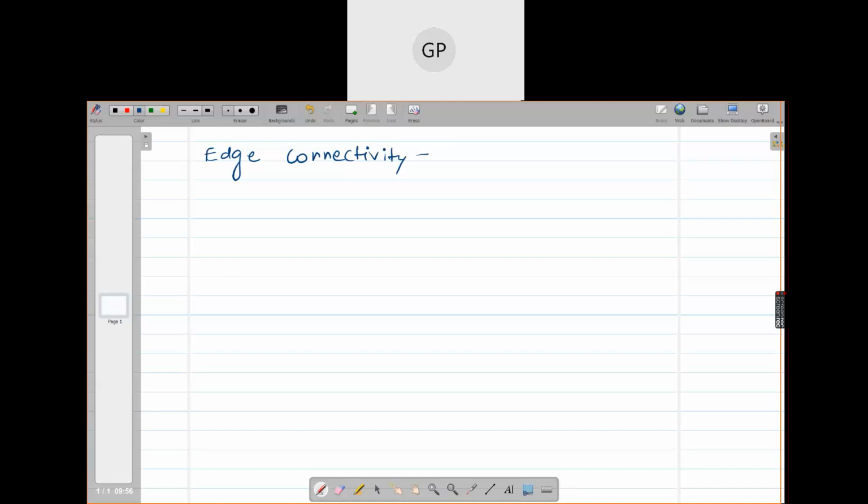An edge of a graph is called a bridge if the number of components in G minus e is more than that in G. Yes, if you delete that edge, the remaining graph becomes disconnected, right? So removal of a single edge makes a graph disconnected.